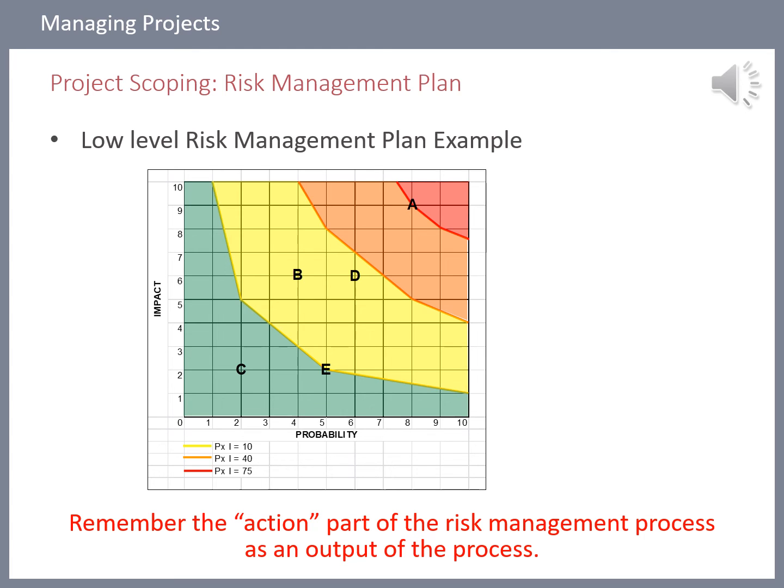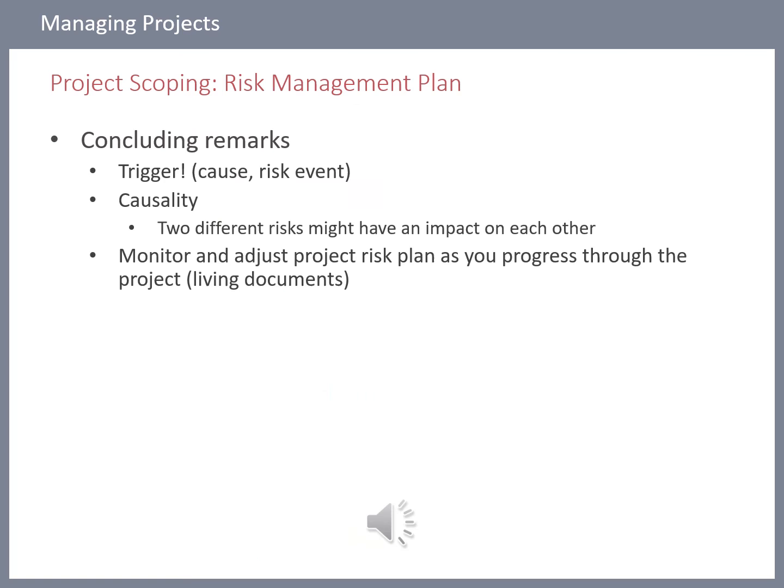That is very important. And then to conclude this section on risk, there are just a few things I also want to bring to your attention. The first thing is that of a risk trigger. A risk trigger is something that will increase either the probability or the impact of a risk, maybe the probability more than the impact.